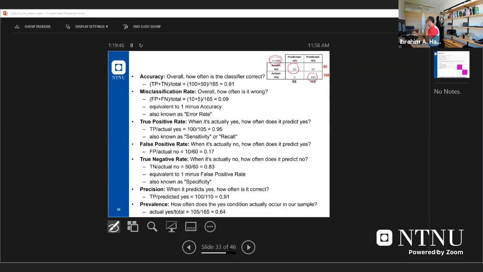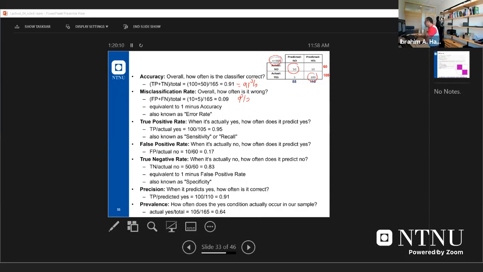So it will be 150 divided by 165. If the accuracy is 91%, so the misclassification rate, or prediction error, will be 9%. We call it error rate.